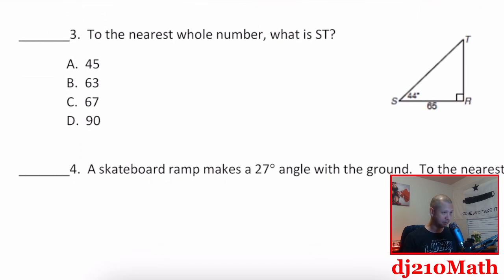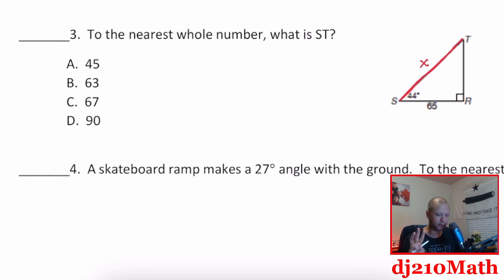All right, number 3. To the nearest whole number, what is ST? So ST, this is the hypotenuse. All we know is the angle, a side, angle and a side. So for trig to work out normally, there's 3 things you need: an angle and 2 sides.